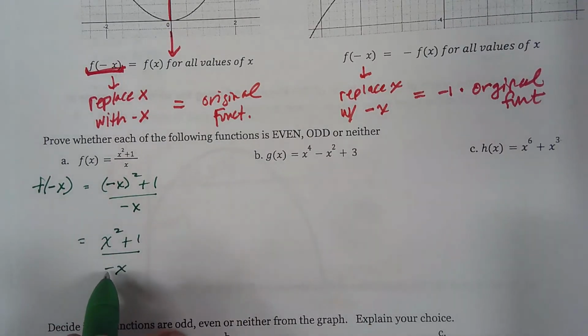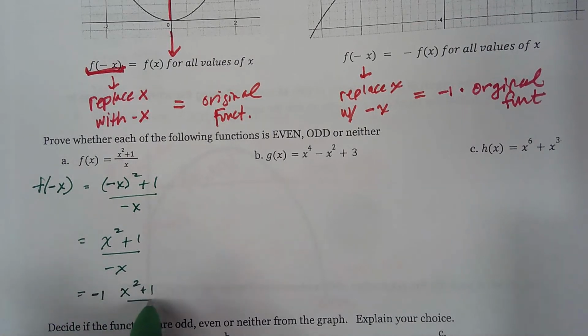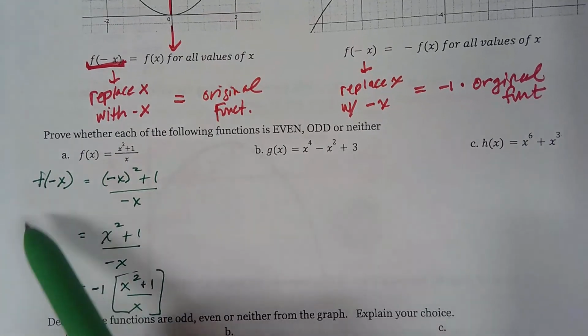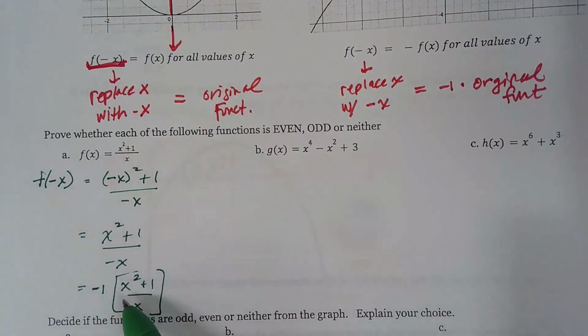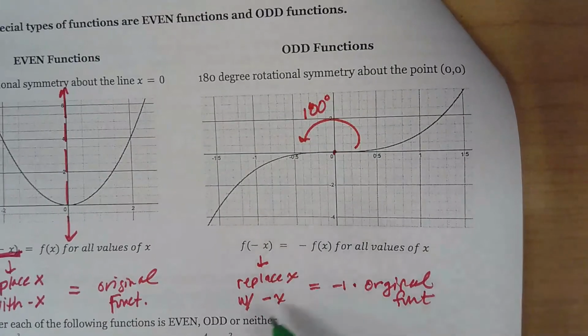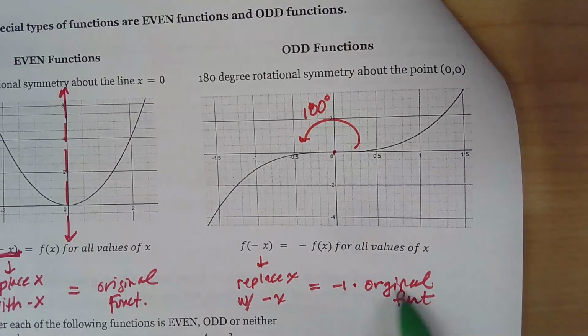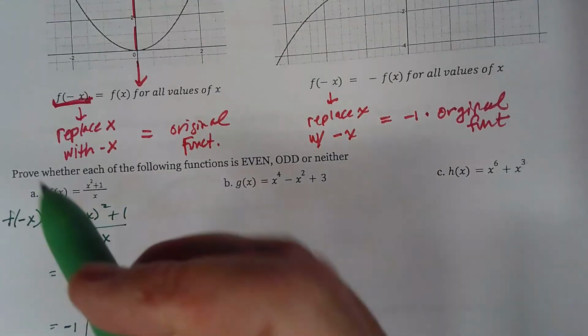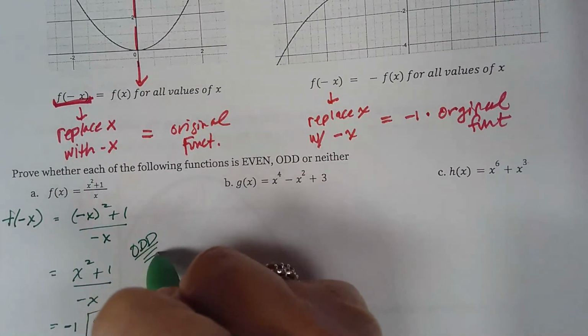And remember, the negative on the bottom means that you're multiplying the whole function by negative 1. So algebraically, we know that this has to be an odd function. Why? Because when I plugged in negative x, I got negative 1 times my original function. So we would classify this function as odd.